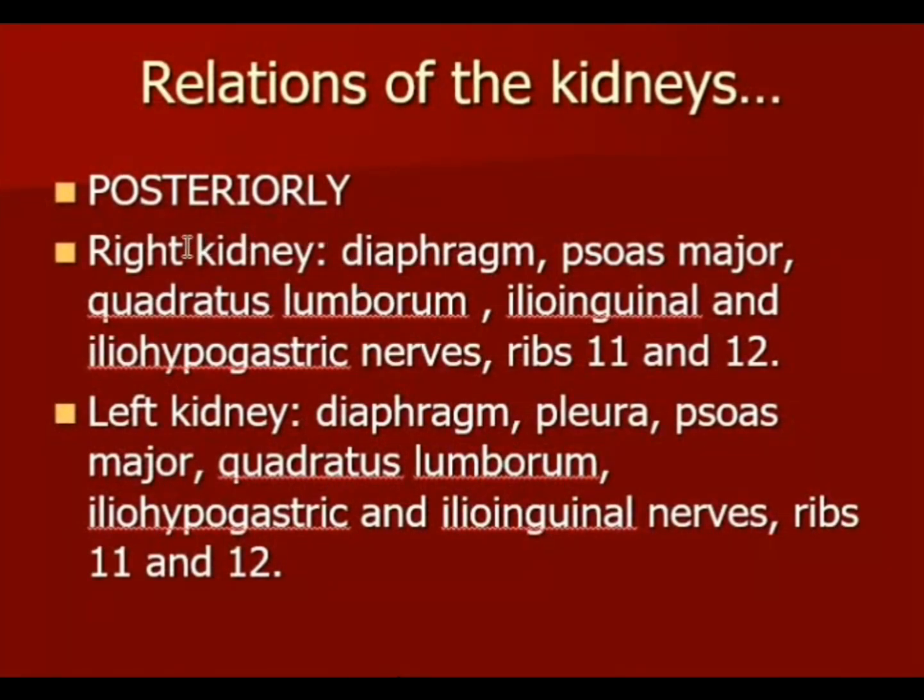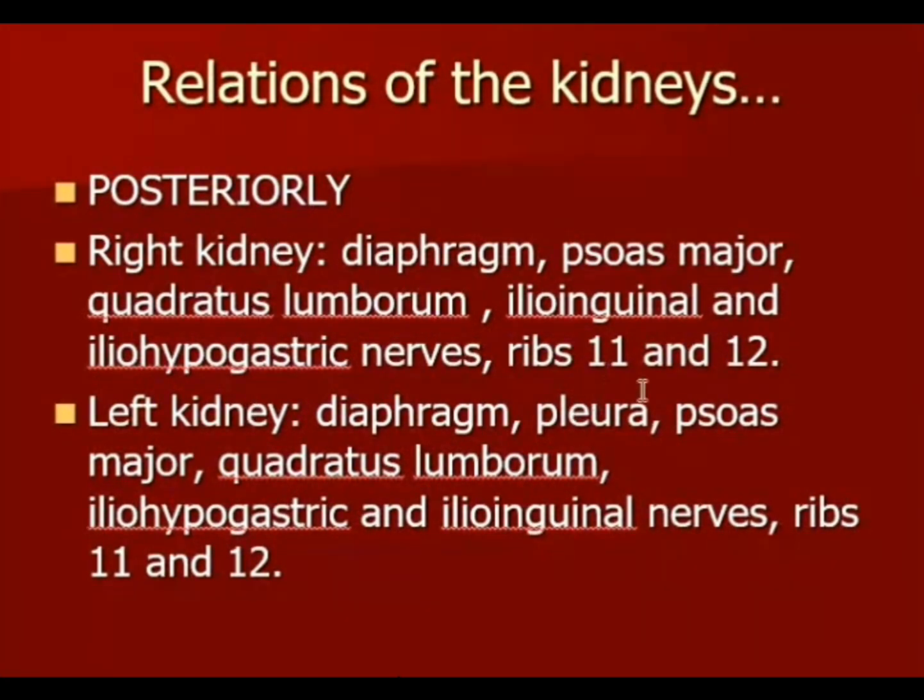Posterior to both the right and left kidneys, we have the diaphragm. It curves and goes posteriorly. We also have these two muscles, psoas major and quadratus lumborum. They are common factors. The diaphragm, the psoas major, the quadratus lumborum are posterior to both the right and the left kidneys.